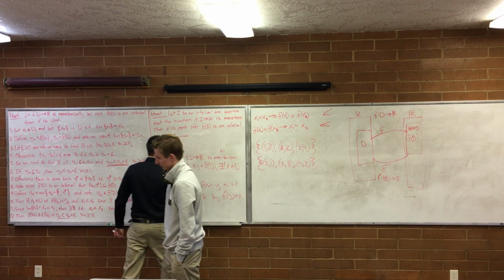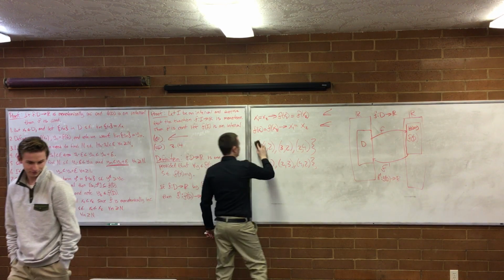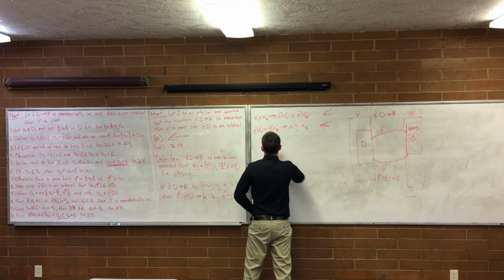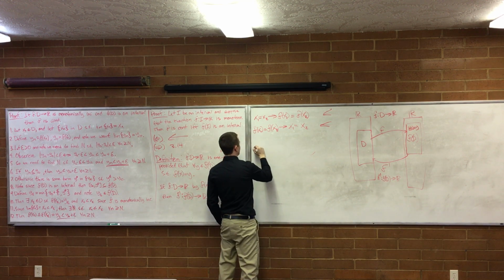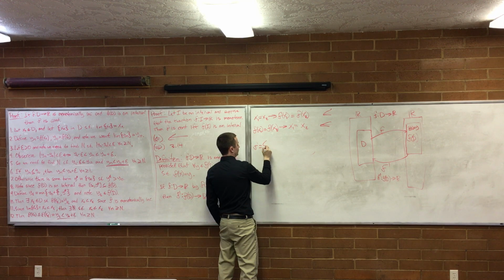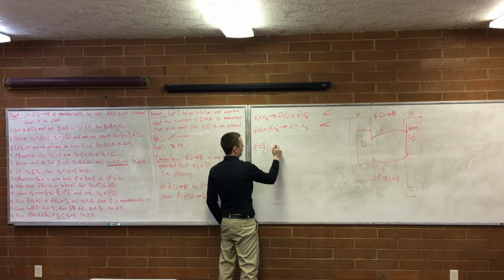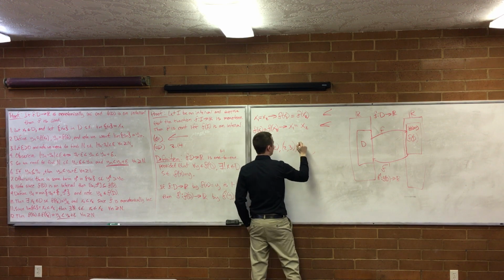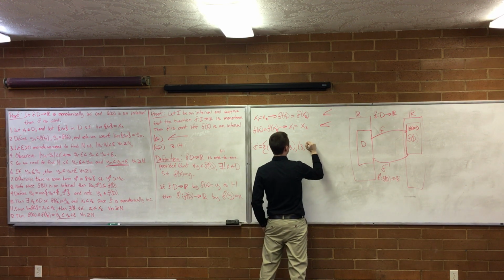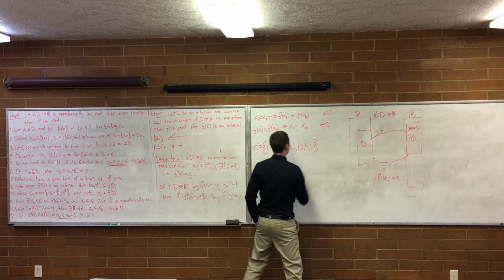Alright, let's write down a really concrete example. F equals a function: 1 to 2, 2 to 3, 3 to 4.